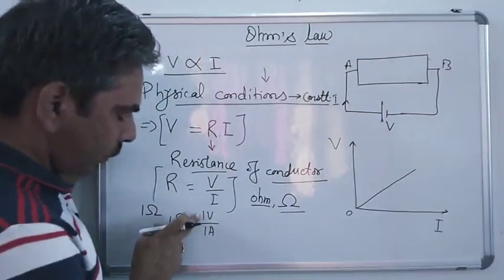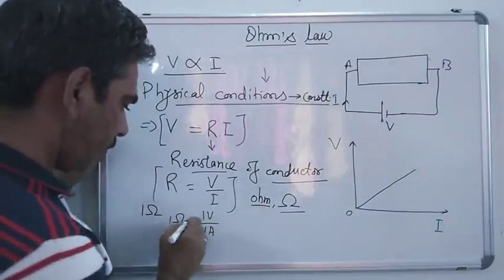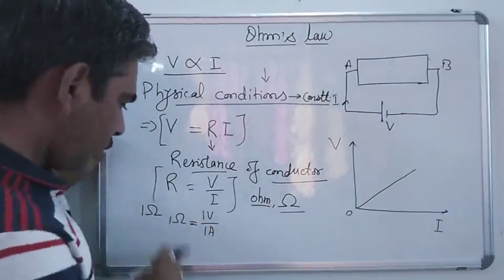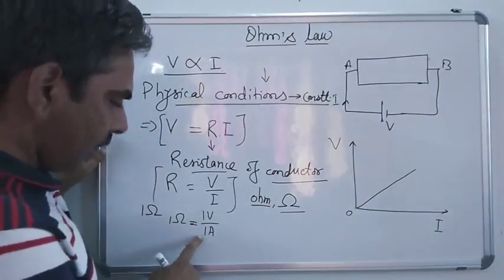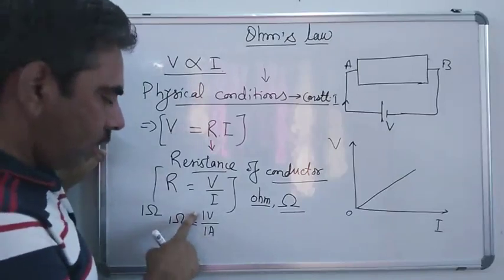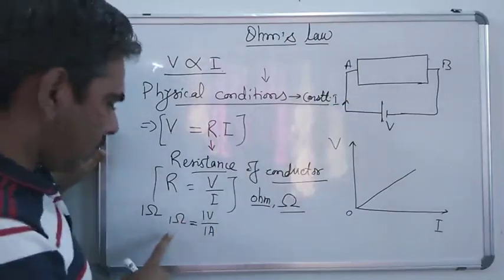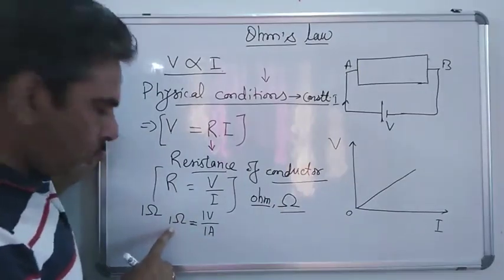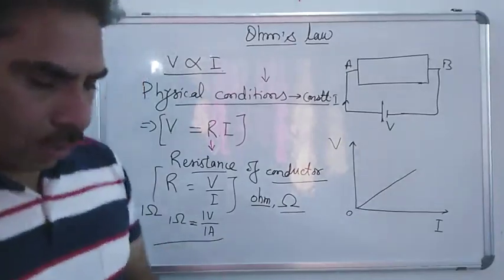The units for potential difference are volts, and for current are amperes, as you already know. So 1 ohm will be the resistance whenever 1 ampere current flows on application of 1 volt potential difference through the given conductor, whose 1 ohm resistance we are defining. So this is the 1 ohm resistance.